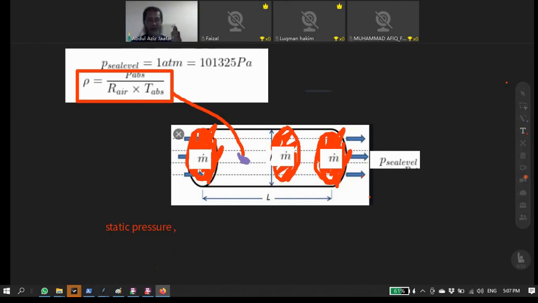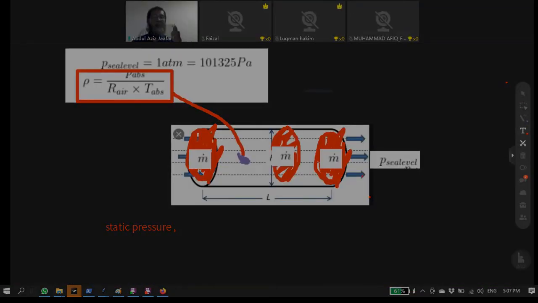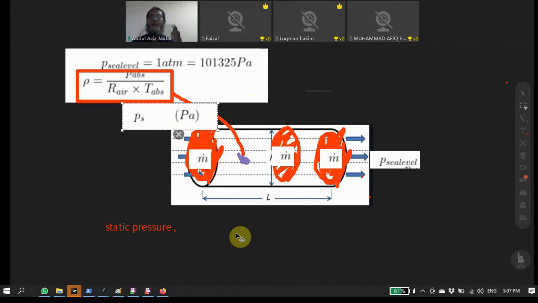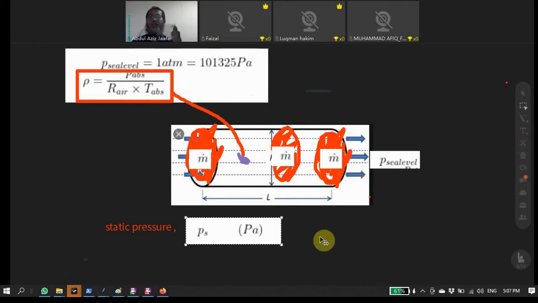So we have static pressure. This one will be P S. Static pressure, let me write using this software, PS, and the unit is cm.